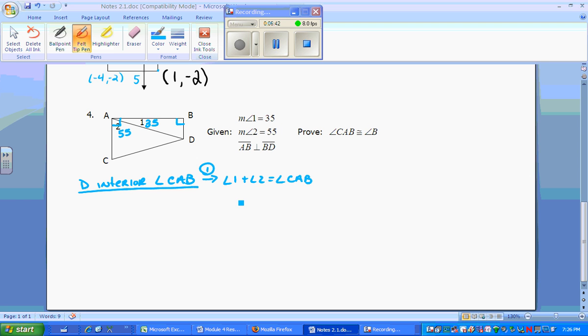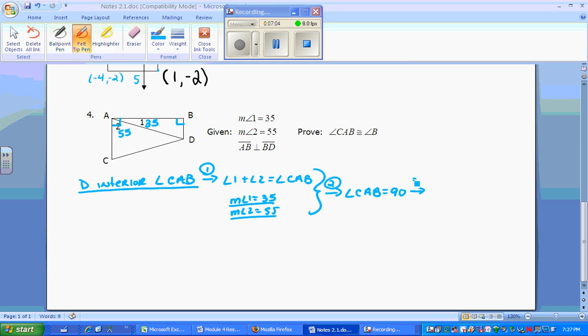We want to plug in that information. So angle 1 equals 35. Angle 2, we underline it, equals 55. Underline it. Bracket those three together using our substitution method. We can say angle CAB equals 90.